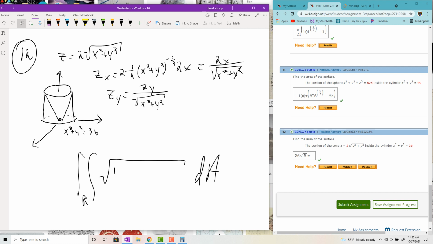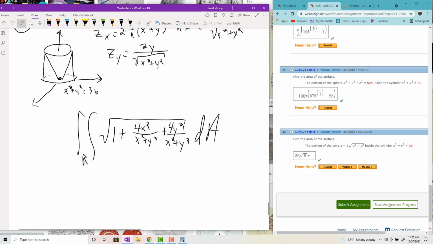So inside here I'll have 1 plus 4x squared all over x squared plus y squared, plus 4y squared all over x squared plus y squared. Then you need to get a common denominator.